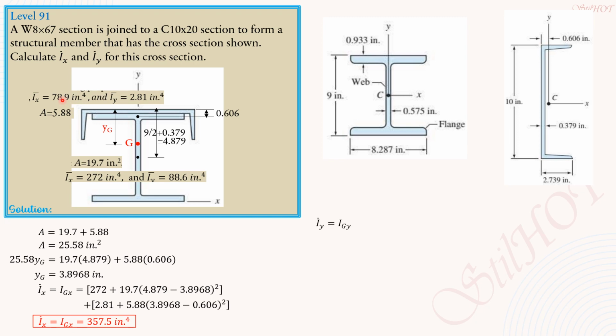So I bar y equals IGY equals 88.6 for the wide flange I bar y, then this is I bar x for the channel. Take note, this is the x-axis for the channel, so that's why we have to add 78.9. So I bar y, or IGY, is equal to 167.5 inches to the fourth.